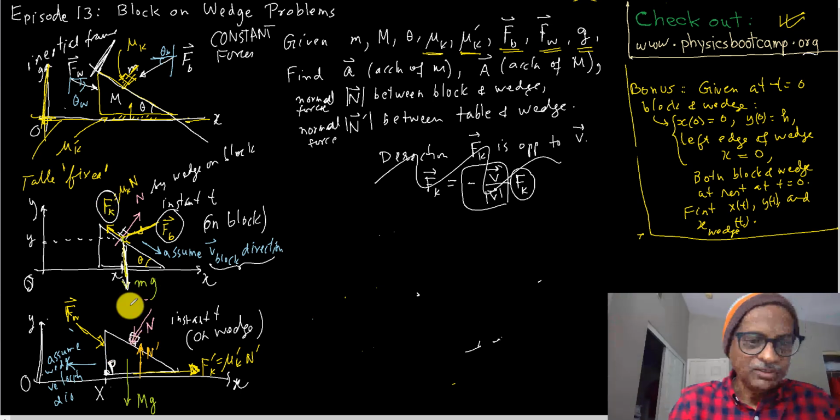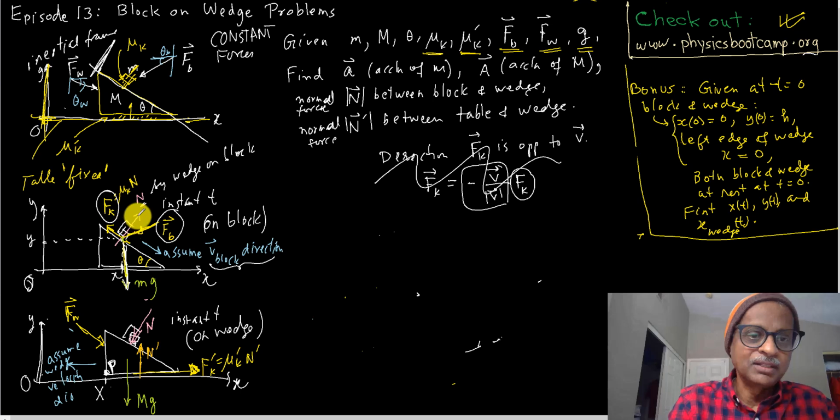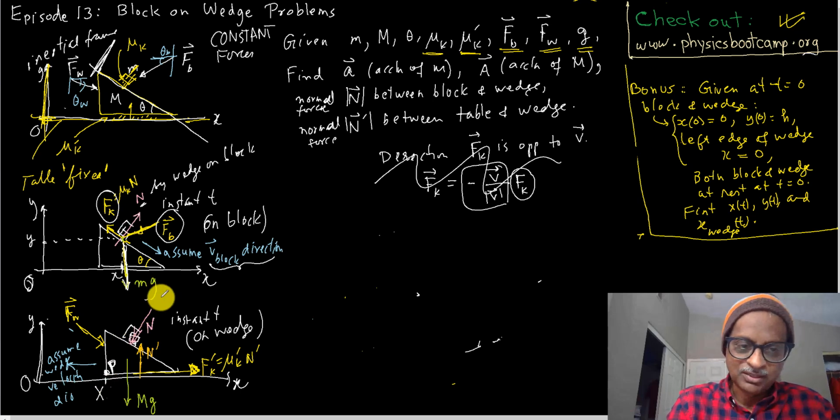Now on the wedge, these are pair forces. So if this is by the wedge on the block, when you write this on the wedge, there will be a force of the same amount but in the opposite direction. This was 90 degrees, so it's going to be the same, pointed downward.